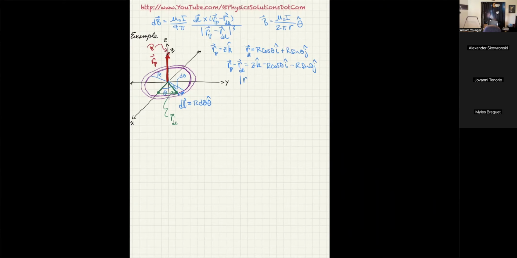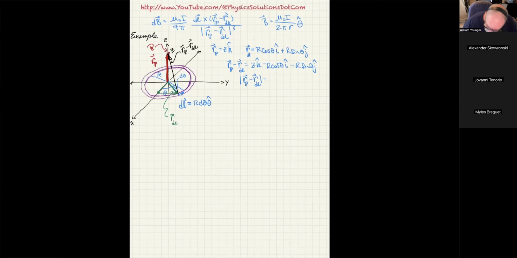The magnitude of the RP minus RDL vector is, and if you want to see how this works, the actual RP minus RDL vector is the vector that points from here to here. So this vector is RP minus RDL.